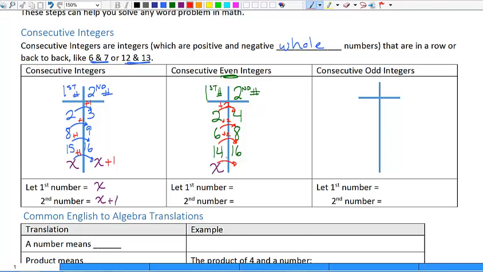Well, if we follow the pattern, that's just really add 2. So if my first number is x, my second number will be x plus 2. If you ever see the words consecutive even, the first number is going to be x and the second number is going to be x plus 2. To get to the next even one, you just add 2 because you're skipping over that odd one in between it. Okay, so let's try consecutive odd now.